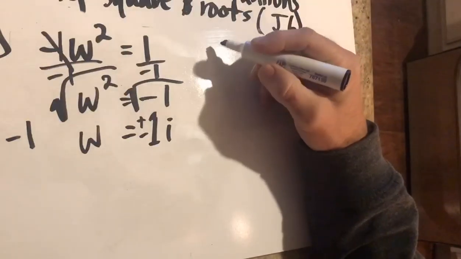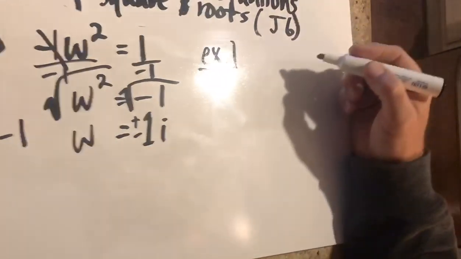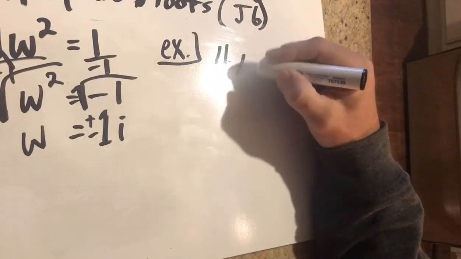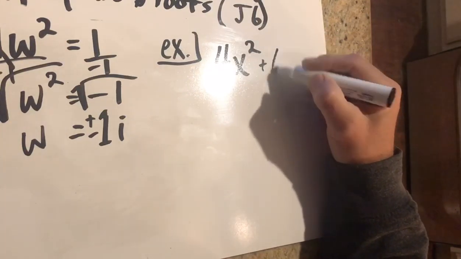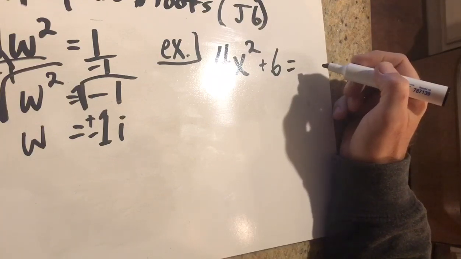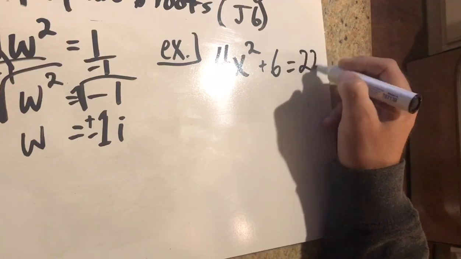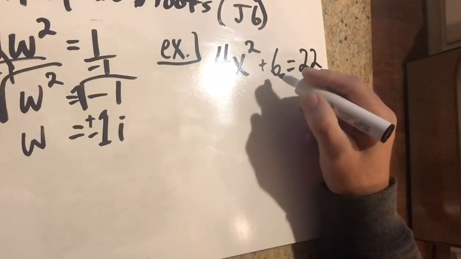I'm going to give you another example. Let's say 4x squared plus 6 equals 22. So here we need to isolate your x squared.